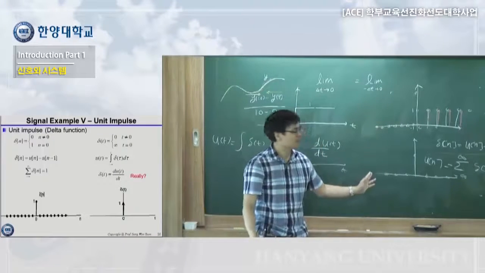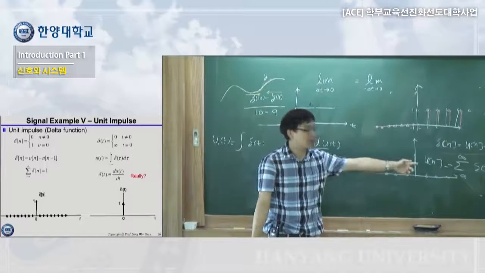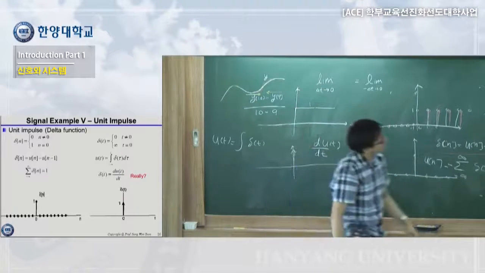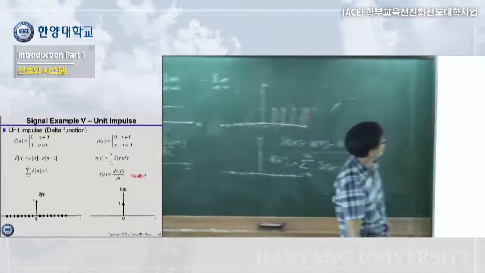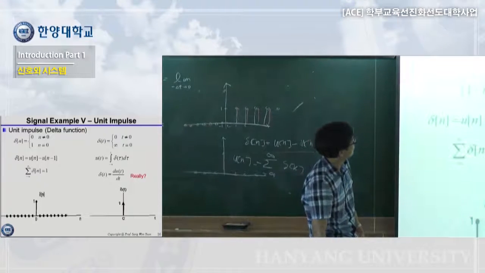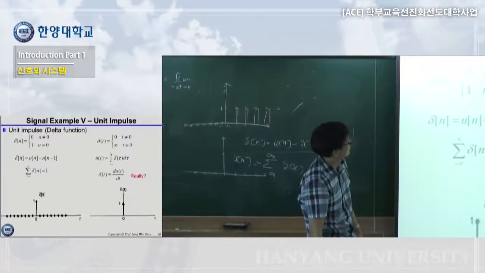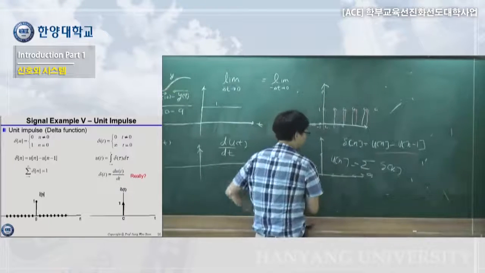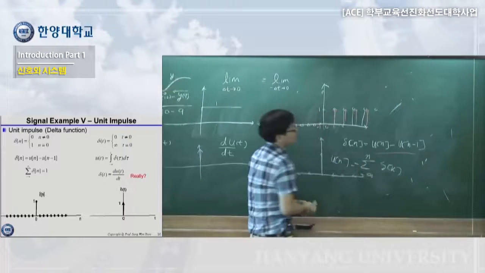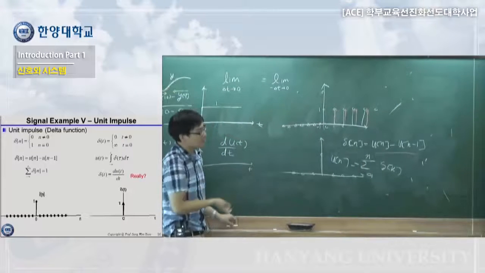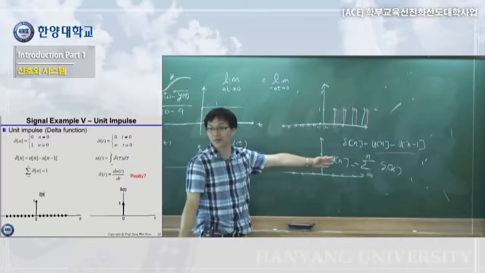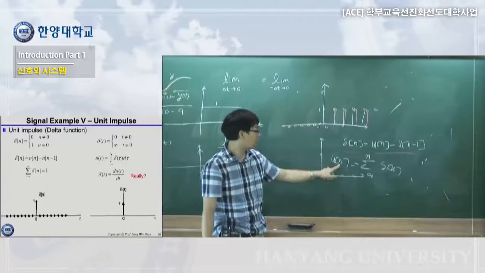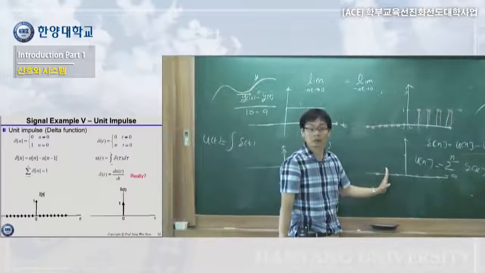Think this way, even though we add them together, let's say we start... I made a mistake. Here is n. So this is kind of nonsense, because let's say we have n of minus 2.